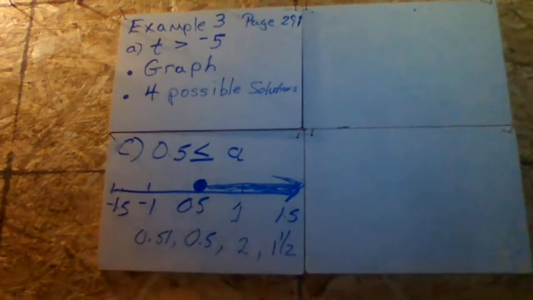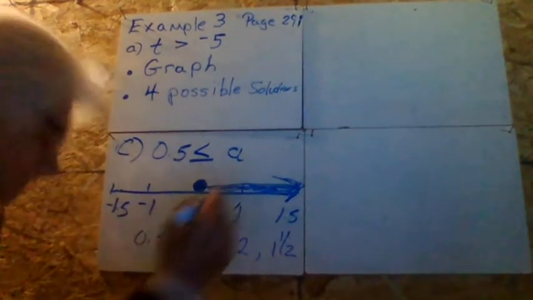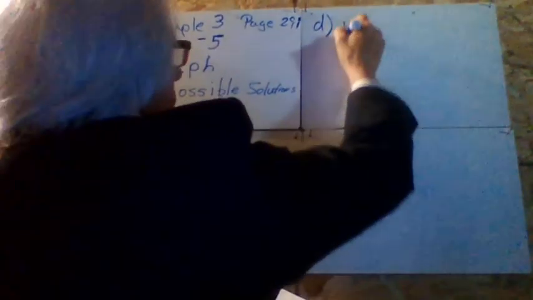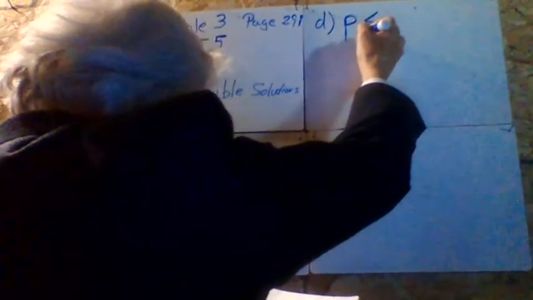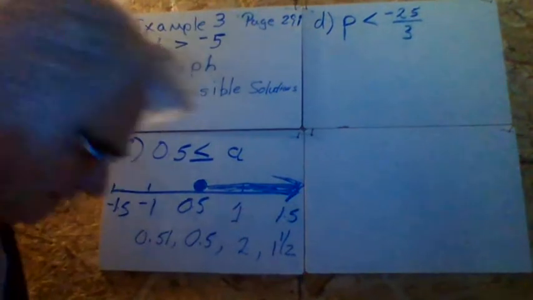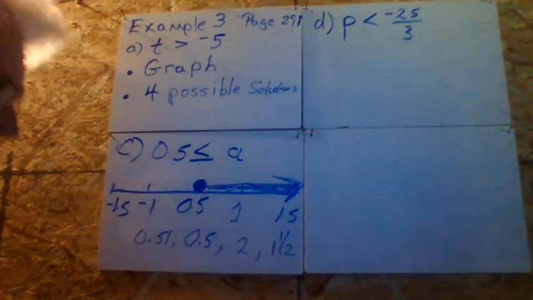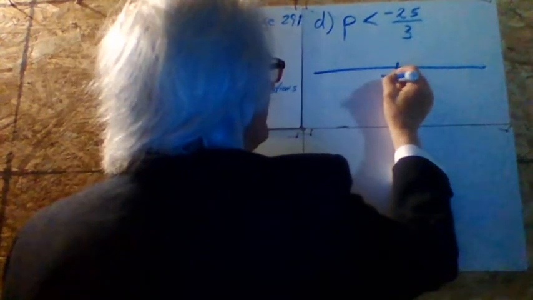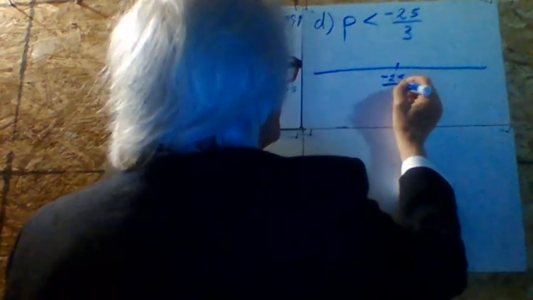My last one, D. P is less than negative 25.3. Couple different ways to do that one. The first way I did it, I went in and put my negative 25 over 3 in.